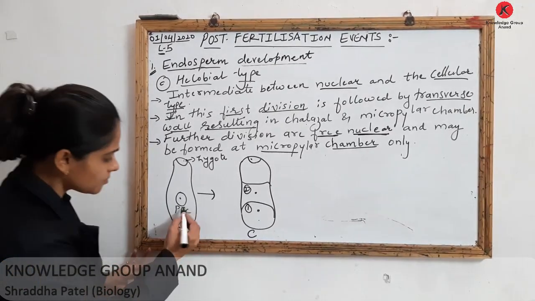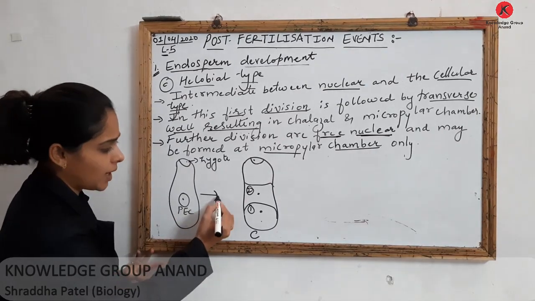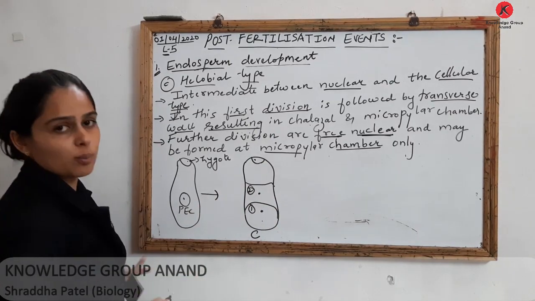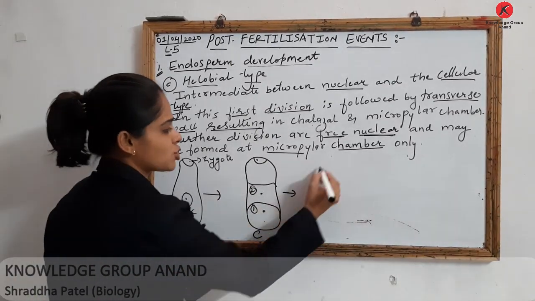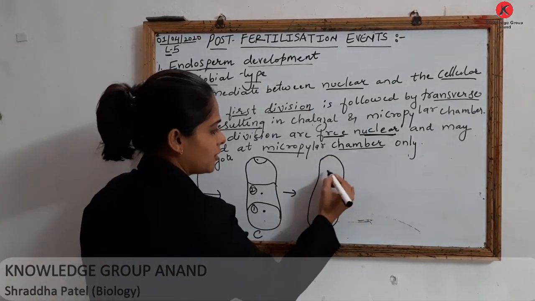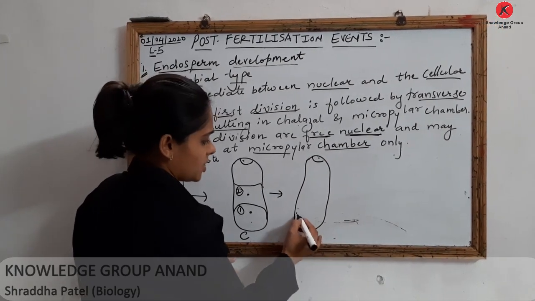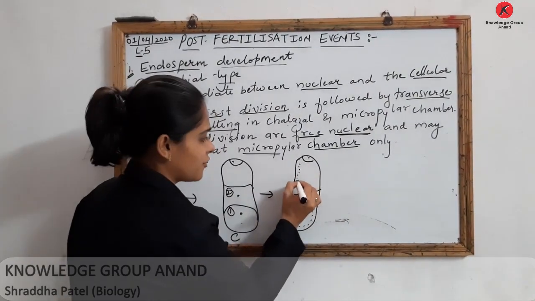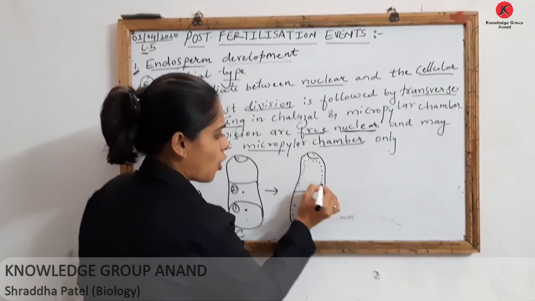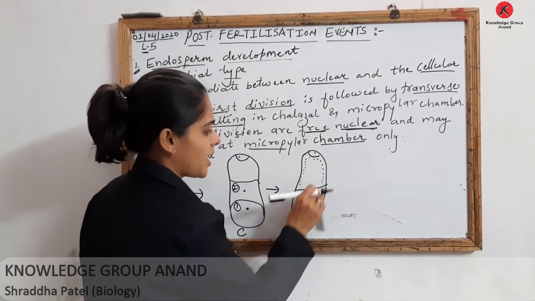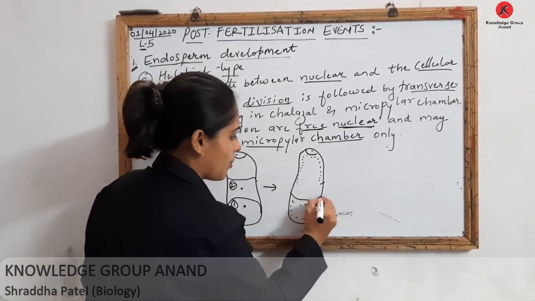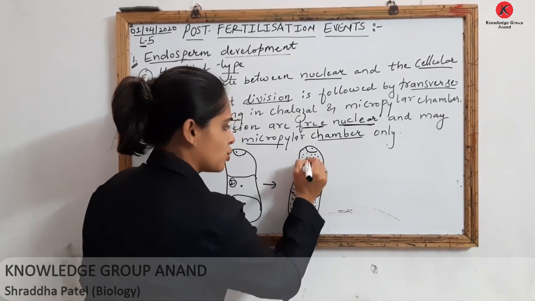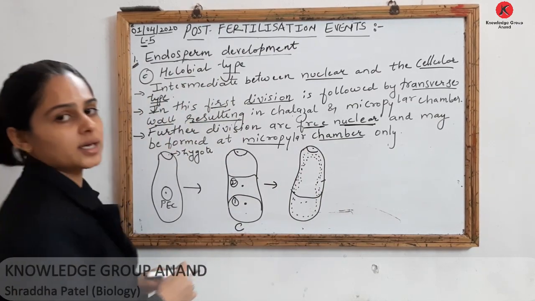Once again, ये primary endosperm cell है, it will undergo division to form your two chambers, two cells at chalazal and micropylar region, followed by which what you will get, this is the free nuclei at your chalazal end and this is the free nuclei at your micropylar end, and most probably these free nuclei are present towards your micropylar chamber.